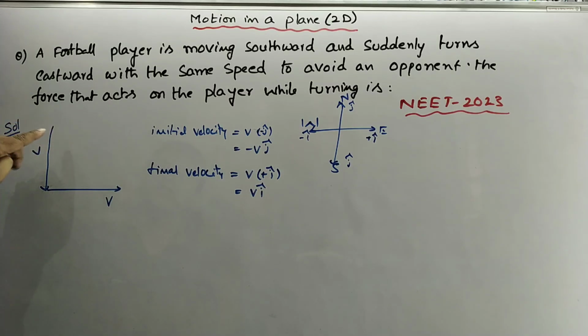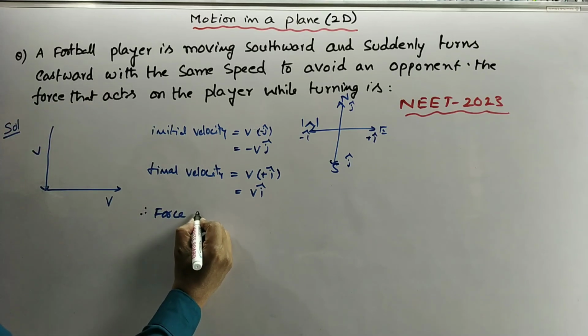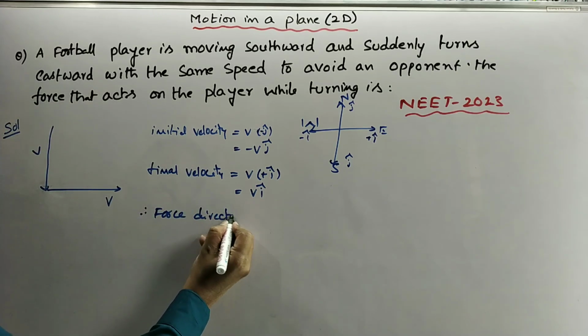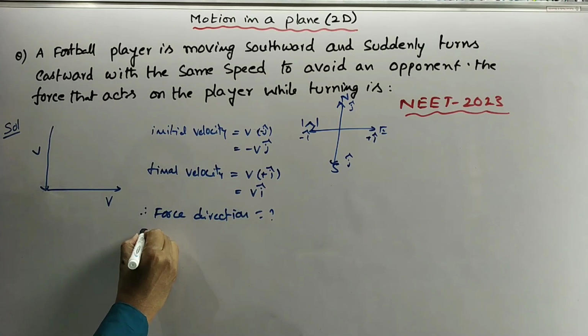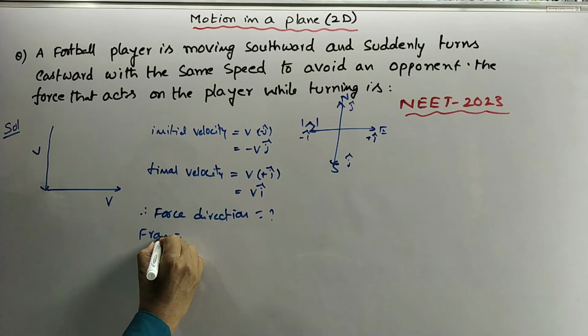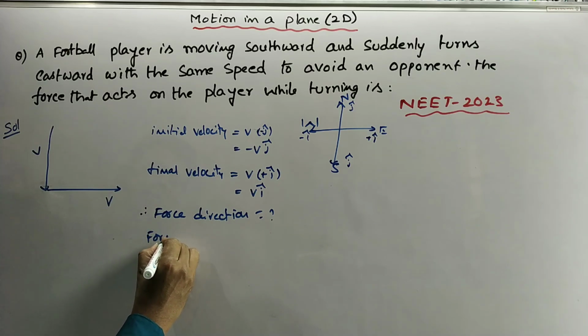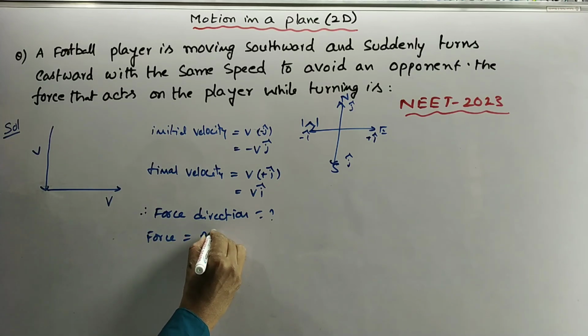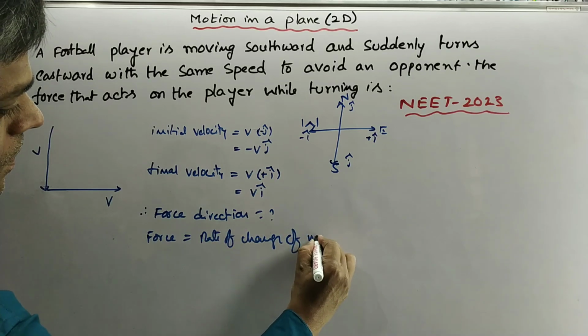So what is asked? The force that acts. In what direction does the force act on this person? From the definition of force, force is equal to the rate of change of momentum.